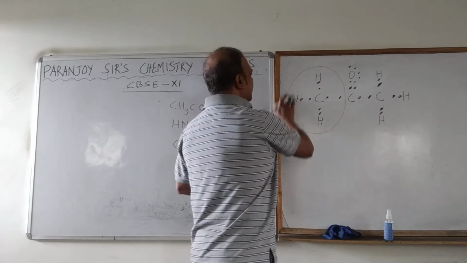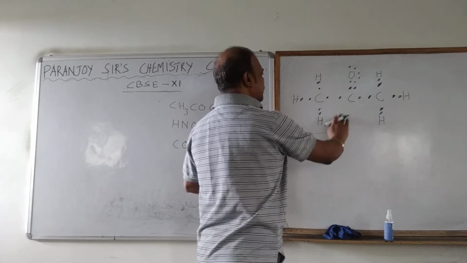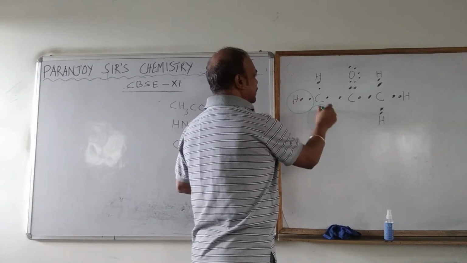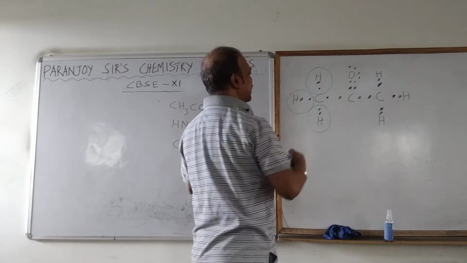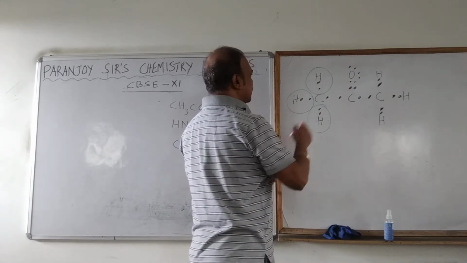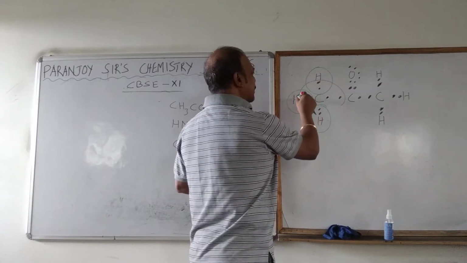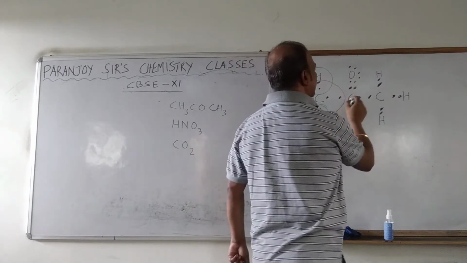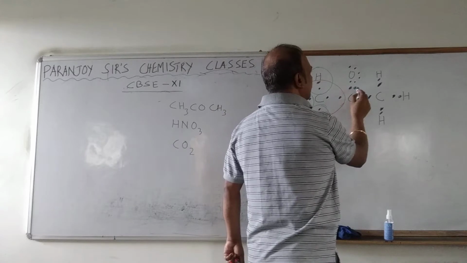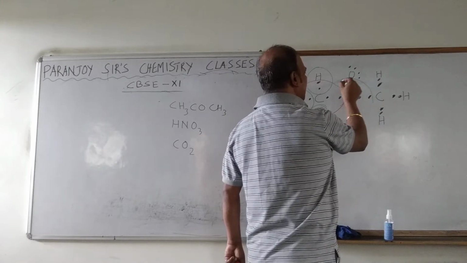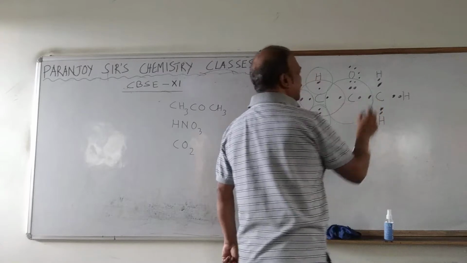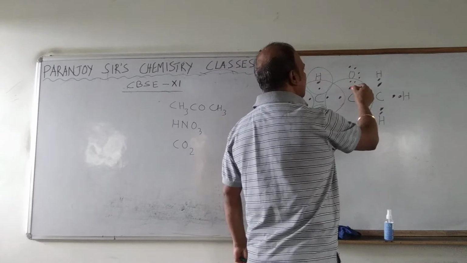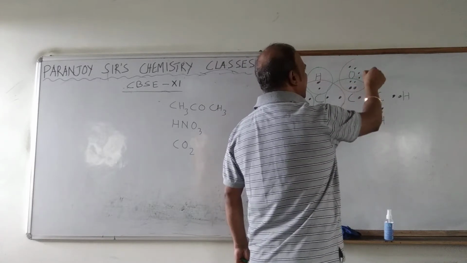First let me do this hydrogen here, and this hydrogen here, and then draw this carbon, which has 8. Then this carbon, 1, 2, 3, 4, 5, 6, 7, 8. Then this oxygen, 1, 2, 3, 4, 5, 6, 7, 8. This oxygen has 8 electrons.